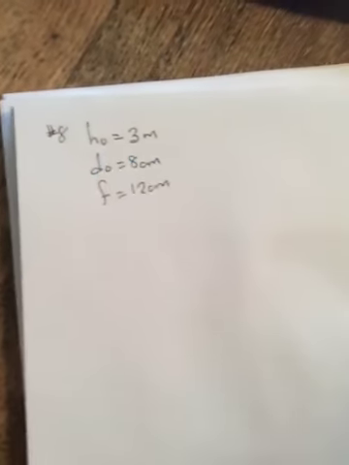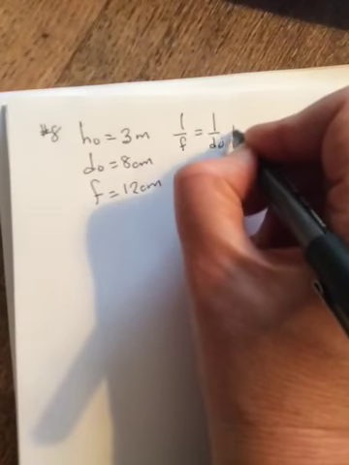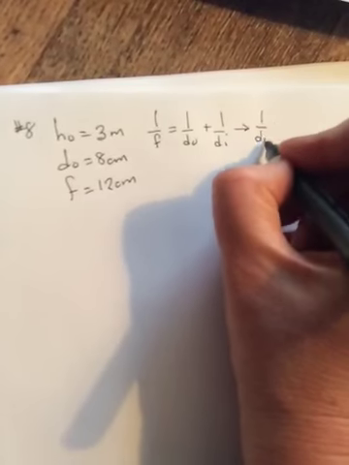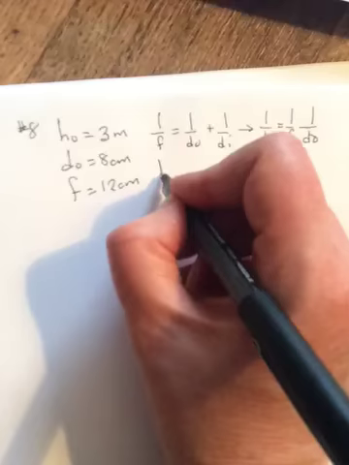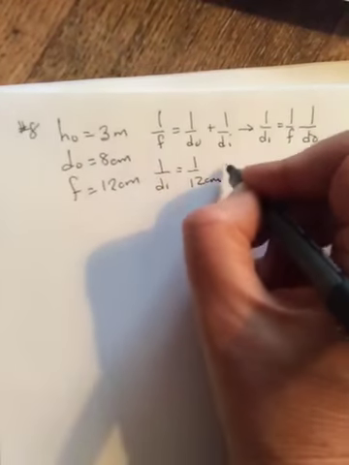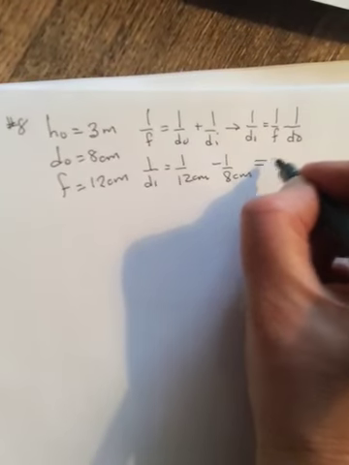So what's the DI? So 1 over F is equal to 1 over DO plus 1 over DI. So 1 over DI is equal to 1 over F minus 1 over DO. So 1 over DI is equal to 1 over 12 minus 1 over 8. Common denominator will be 24.